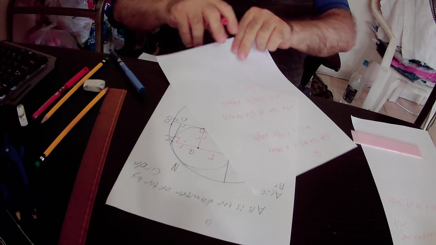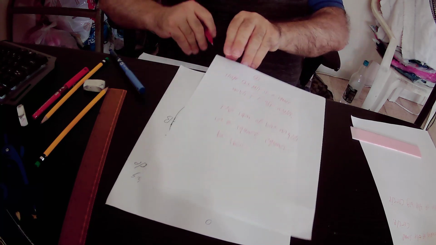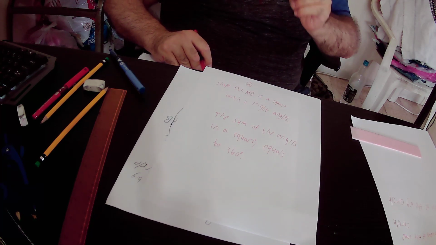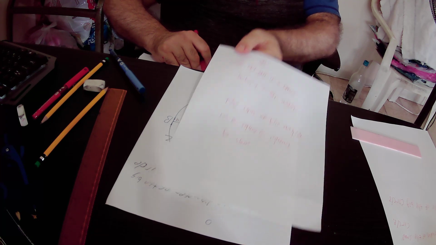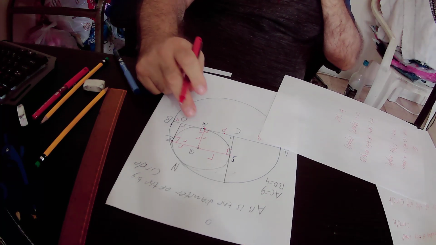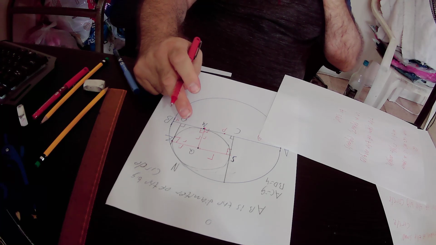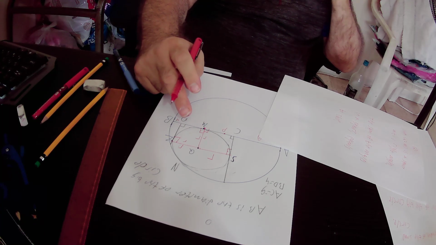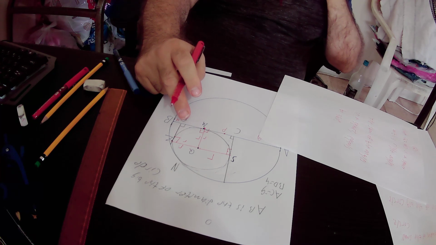Okay, the sum of the angles in a square equals 360 degrees. So here we have a square. QZMD is a square with 3 right angles.